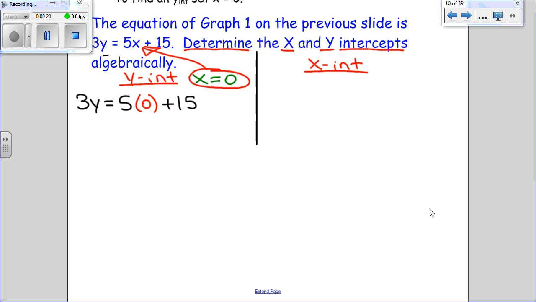I no longer have any letters over here, so I can calculate this. I can put that entire thing into my calculator. If I go 5 bracket 0 plus 15, I get 15. So I have 3y equals 15. I literally put that in my calculator, this entire thing, the exact way it looks.